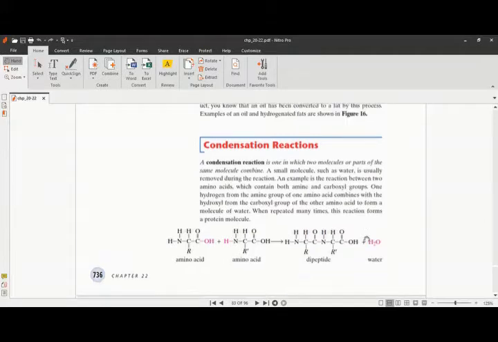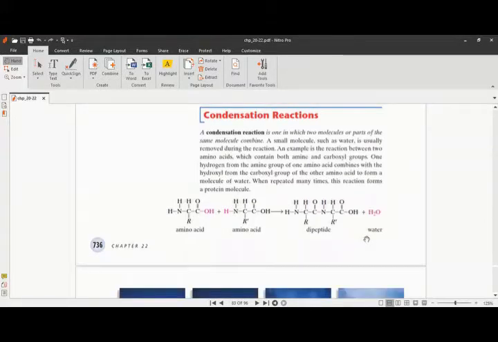Look at this: you have two amino acids. They can undergo a condensation reaction, which means they combine with each other, between the end of the first amino acid and the start of the second, because here we have a hydroxyl group and a hydrogen, so they can form water.